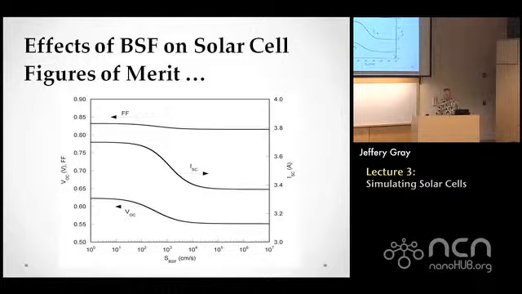And over here, 10 to the 7th is the thermal velocity, and that's essentially equivalent to an infinite surface recombination velocity. This particular curve tells you how well you would have to do to get an effective barrier to the minority carriers.